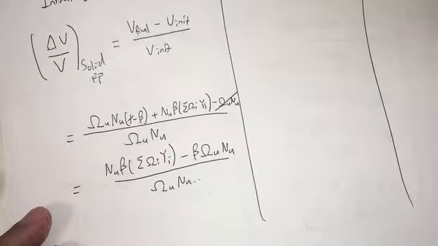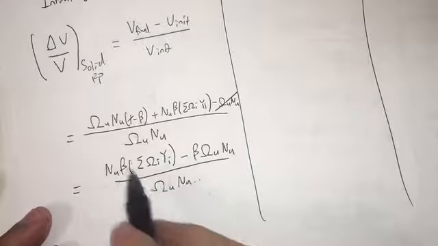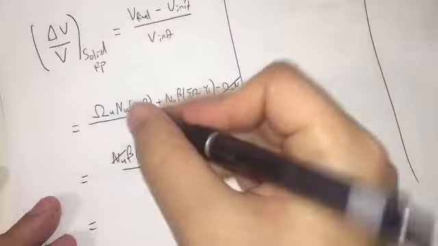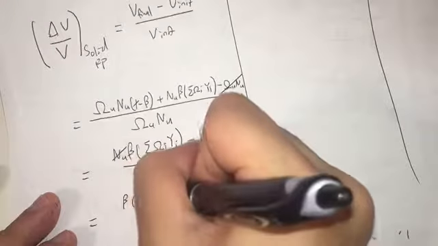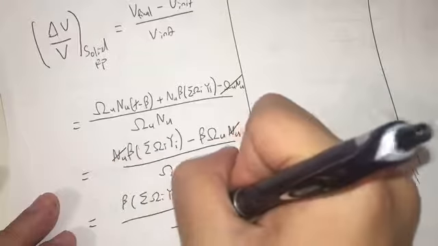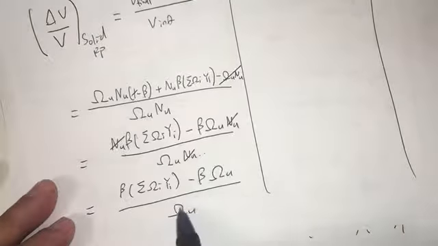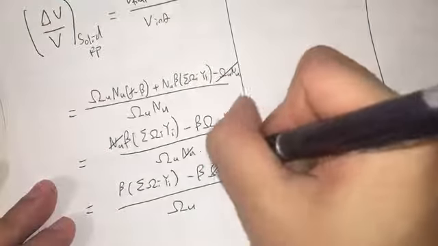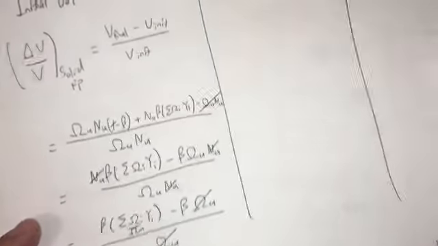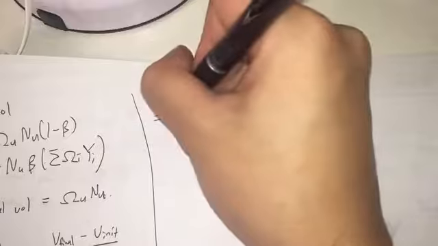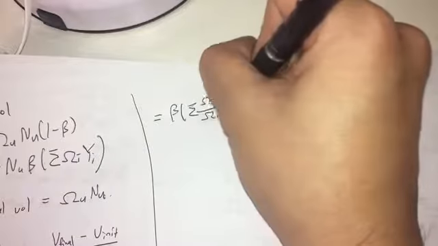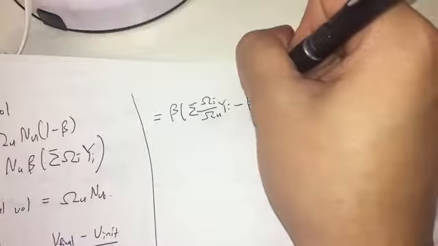Now we just divide throughout by nu, because that cancels out. Beta sigma omega I yi is beta omega u over omega u. So now we want to divide throughout by omega u as well. Beta sigma omega I over omega u yi is beta.